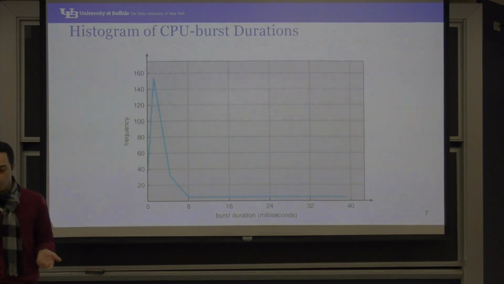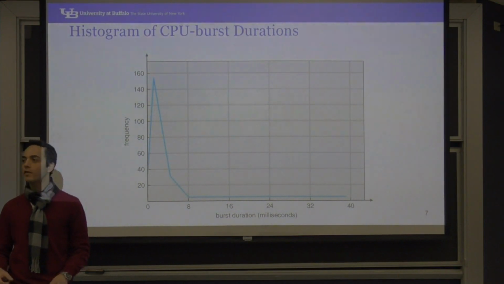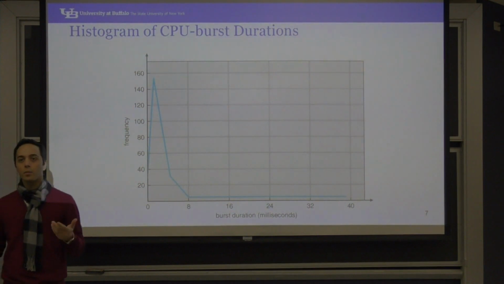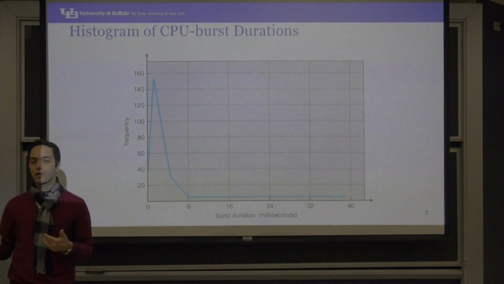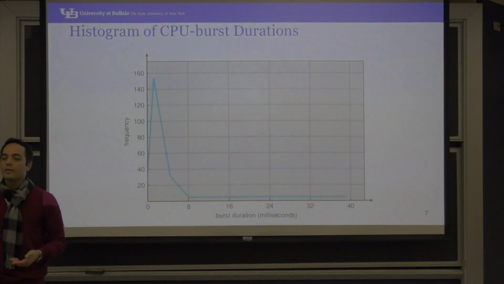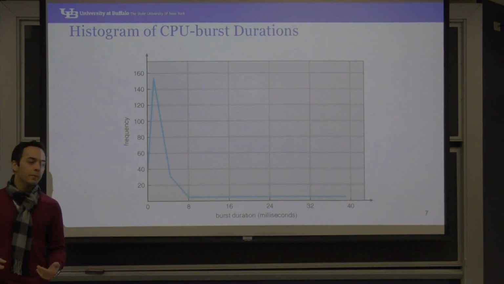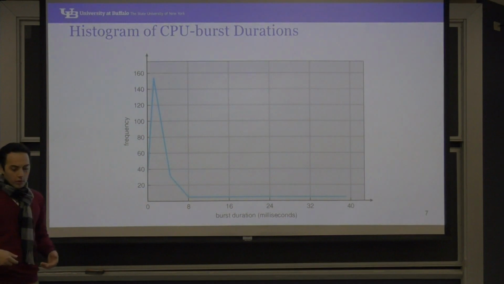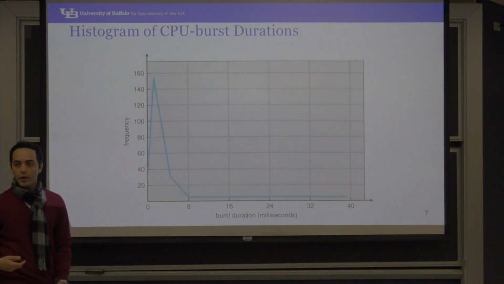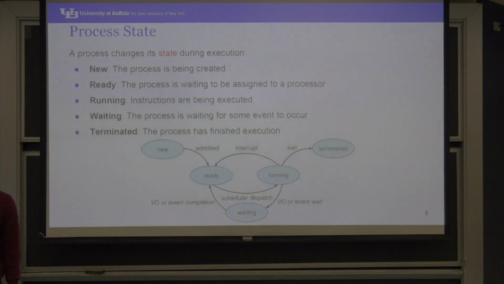Most of the time they're waiting for I/O, and again this is relative timing. The CPU is pretty fast, so compared to that, if you want to wait for 1 or 2 milliseconds even, that's a lot for the CPU. If you want to wait for actually reading something from a hard drive, that takes a long time, right?